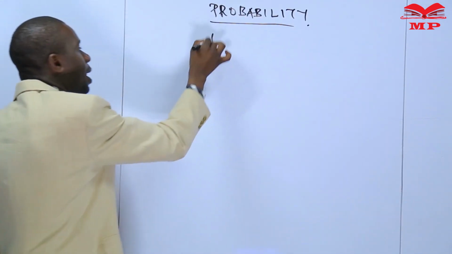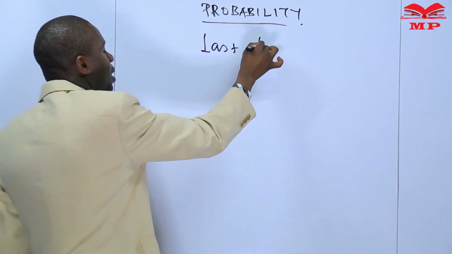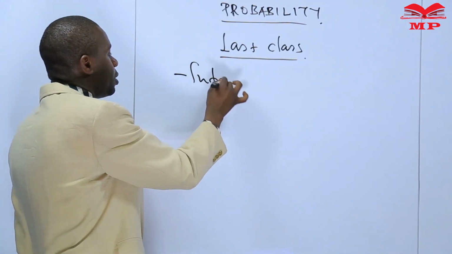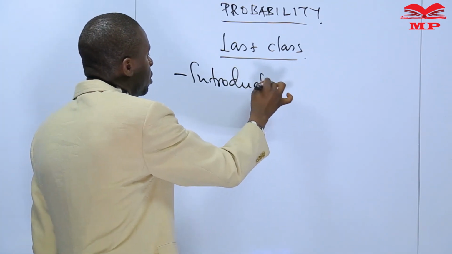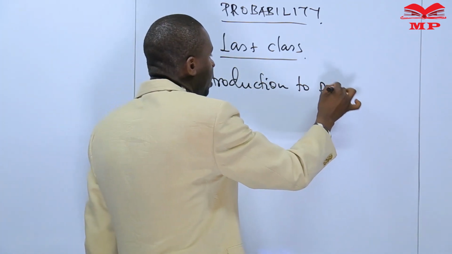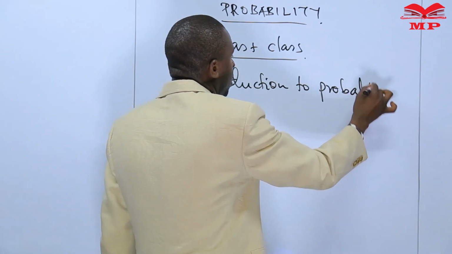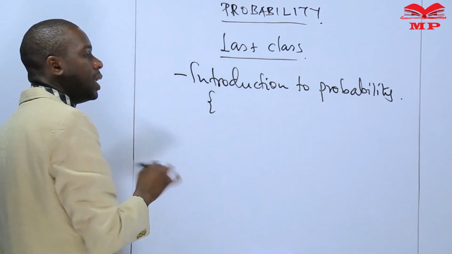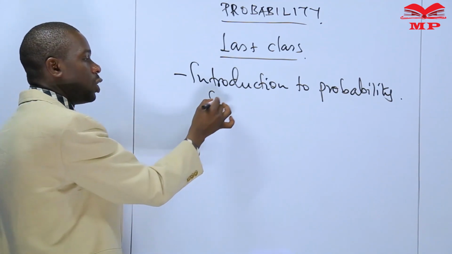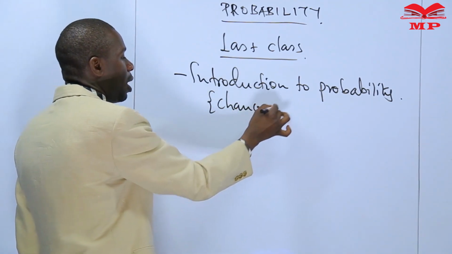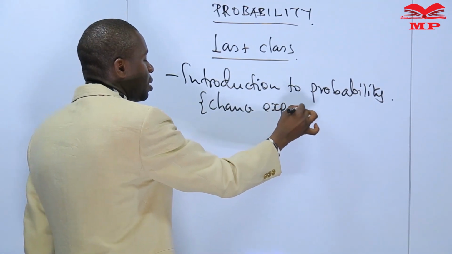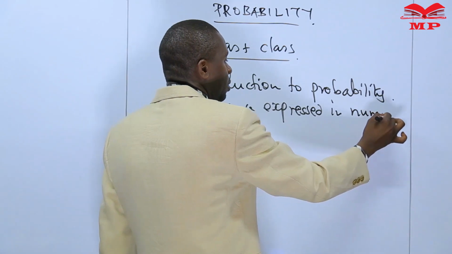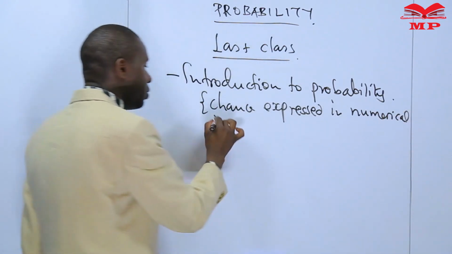Yes, so we are saying that in the last class, we looked at the introduction to probability, in which case we were able to discuss and find that probability is simply chance expressed in numerical value.